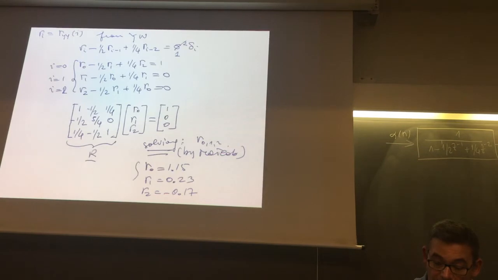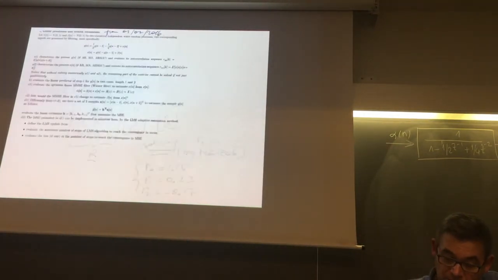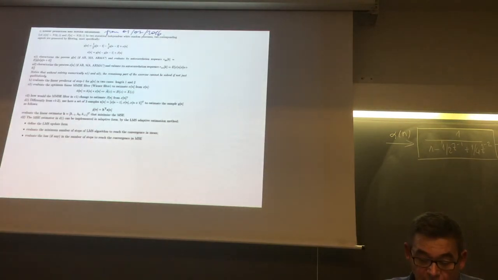Okay. Now, let me see what is the request. Okay, so describe the process, evaluate its correlation sequence. Perfect. Characterize the process X. Now the process X is ARMA plus a white noise, okay? That I know because I have a Poland chip. And evaluate its autocorrelation sequence of X.